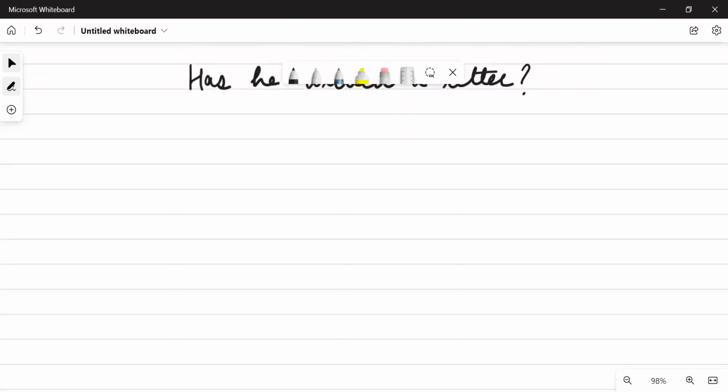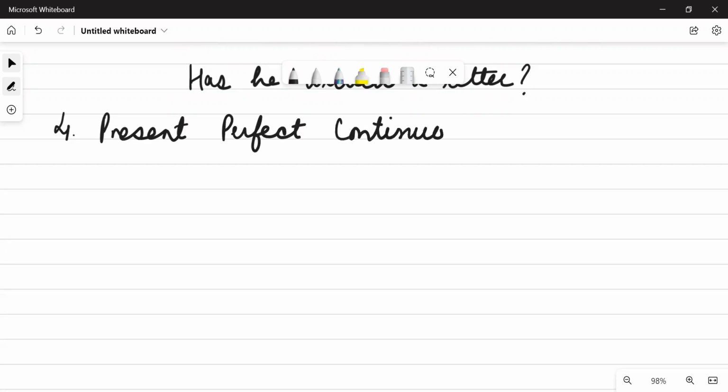Now the next, the last but not the least, is present perfect continuous tense. Present perfect continuous. Okay.